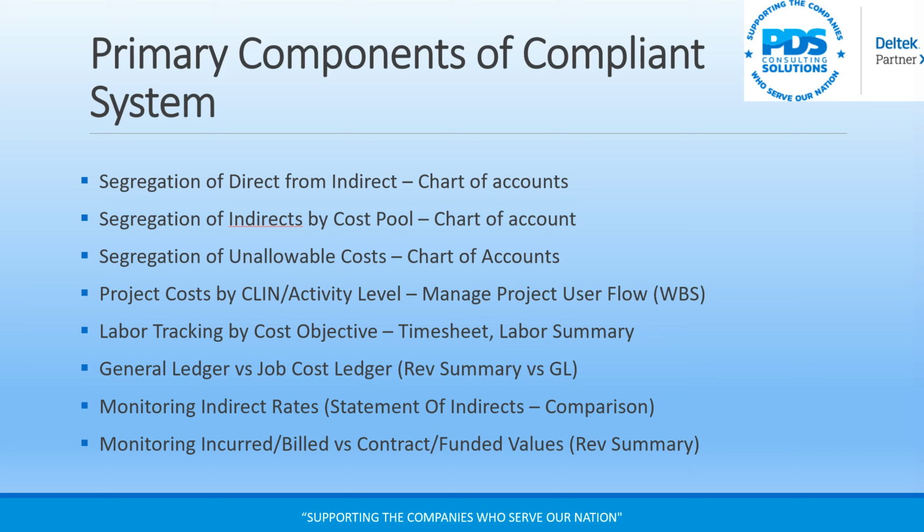And then we'll be looking at your indirects by your cost pools, your statement of indirects, for example, the indirect rates that you're going to be billing the government by. So, for example, fringe pools, overhead pools, G&A pools. So we'll start segregating cost within the indirect section.